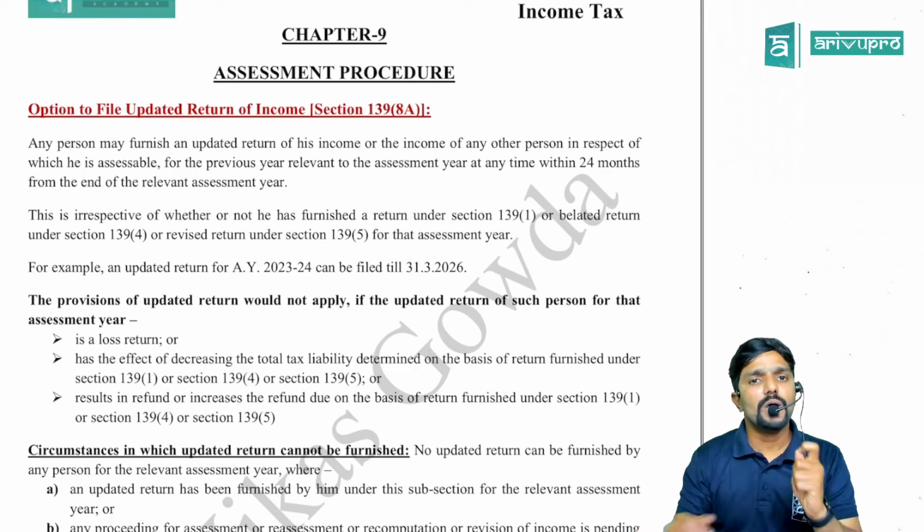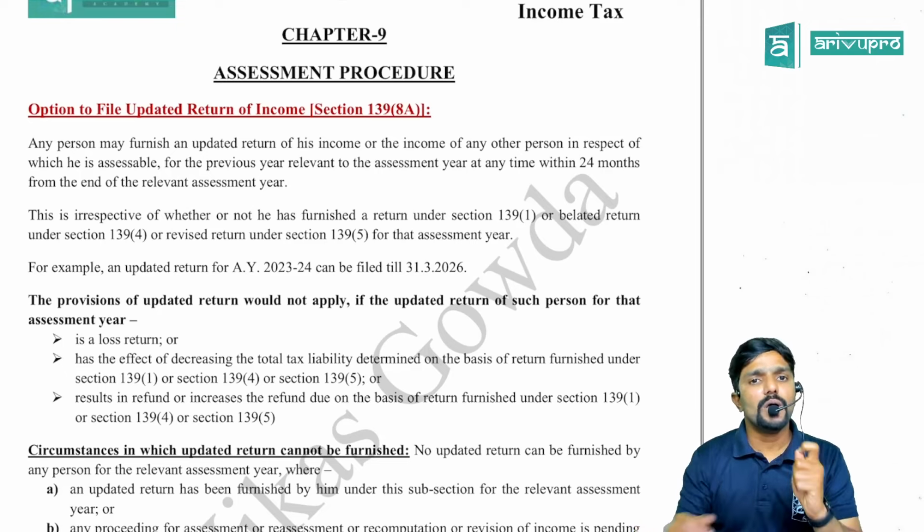So within 31st March 25, if you are filing the updated return, then the additional income tax is only 25%. So 25% of what? In this example, it will be 25% of 12 lakh.